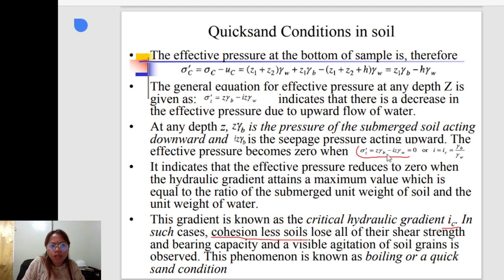Now, the effective stress will be equal to 0 if the hydraulic gradient reaches its maximum, and the hydraulic gradient is equal to this ratio of the submerged unit weight and the unit weight of the water.